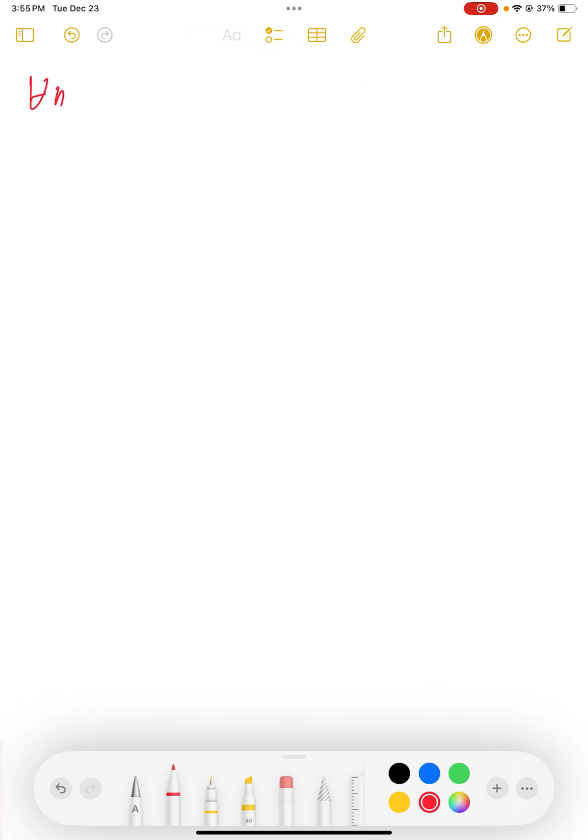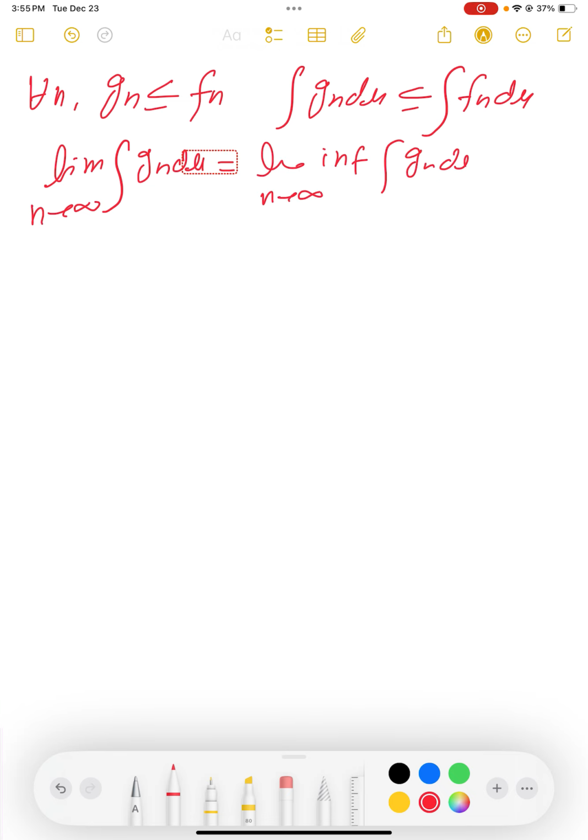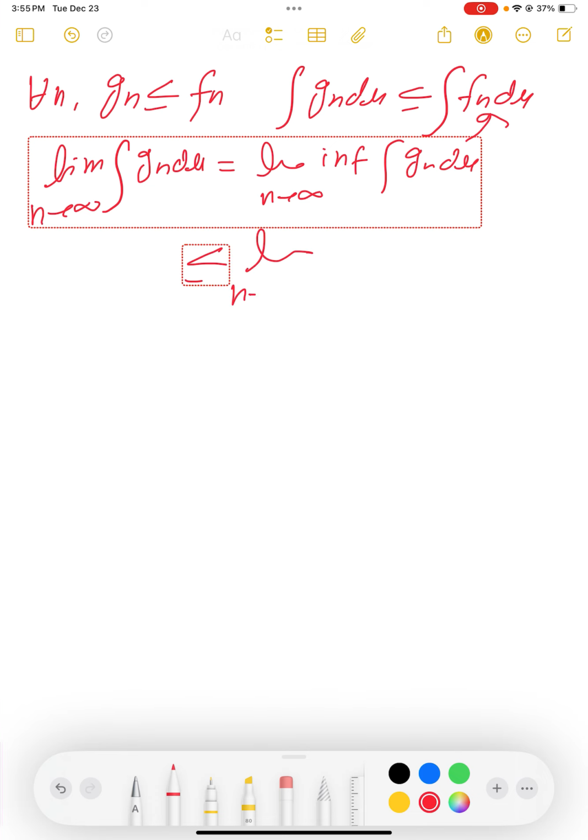It is very easy to see. For all n, since g_n is the infimum, g_n is always less than or equal to f_n. Thus, by the order property of the integral, the integral of g_n d mu is less than or equal to the integral of f_n d mu. What can we say about the limit of the integral of g_n d mu? This is the lim inf of the integral of g_n d mu, but since that is less than the integral of f_n d mu, this will be less than or equal to the lim inf of the integral of f_n d mu.